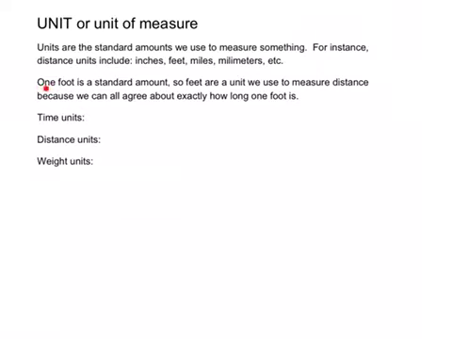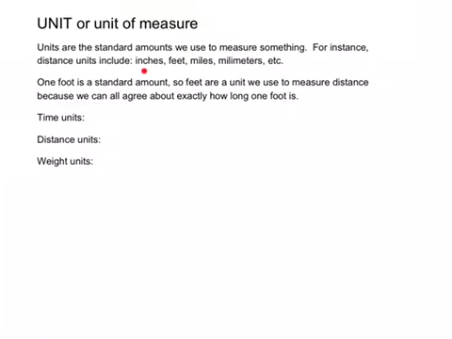Take one you're very familiar with, 1 foot. I myself measure just short of 6 feet tall. 1 foot is a standard amount. And so feet are a unit we use to measure distance because everybody can agree about exactly how long 1 foot is. If I just said I'm 3 tall, it wouldn't be really clear.